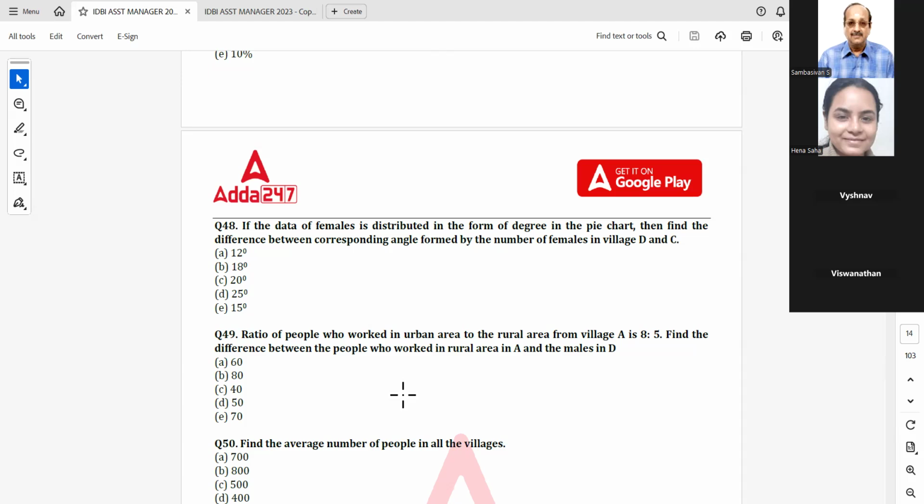8:5. Urban area 8, rural area 5. So 8 by 13 is urban. 780 into 8 by 13 will be 480. Then 5 by 13 will be 300.